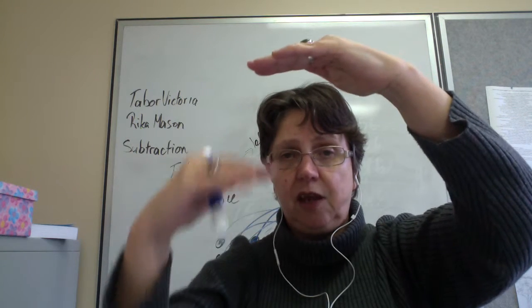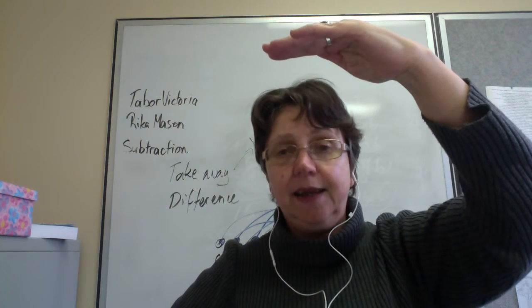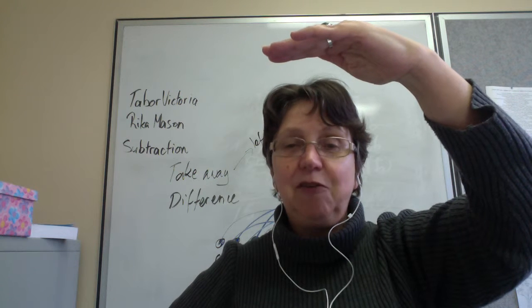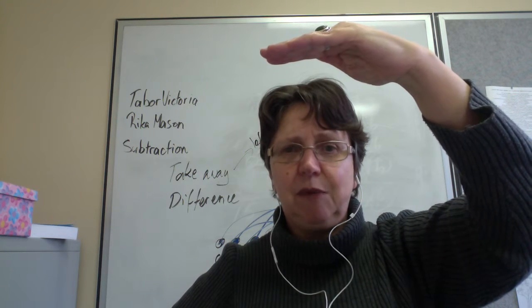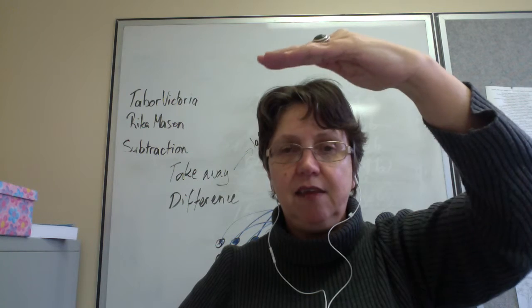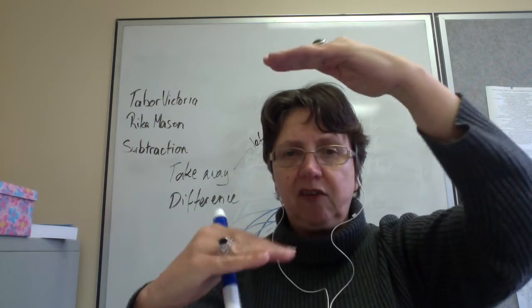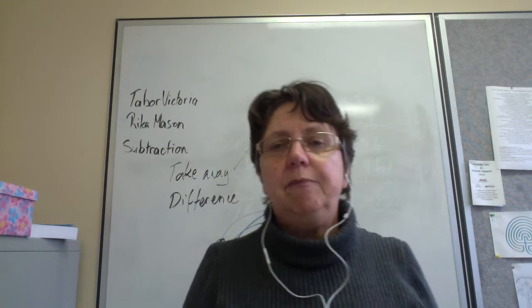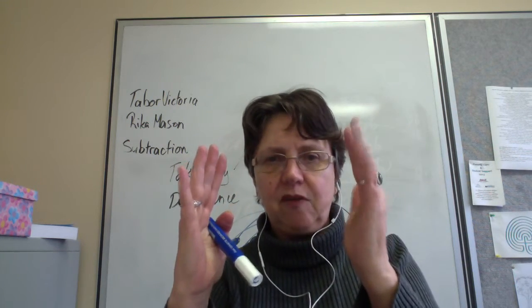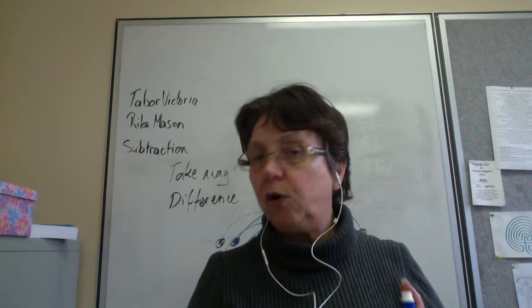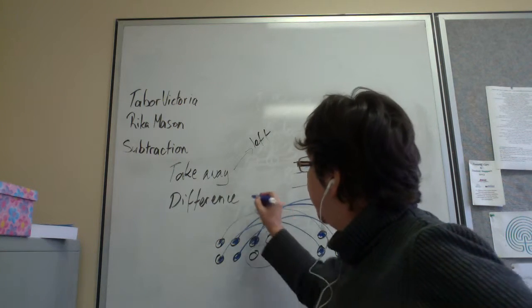You don't take my bank account away and leave it with nothing, and just have his. That doesn't make sense. You're not taking mine from his. We're just comparing them. And it's the gap with difference, whereas take away, it's what's left over.